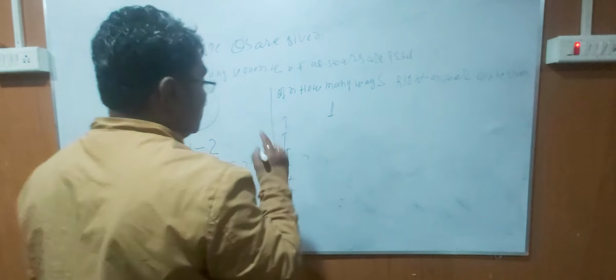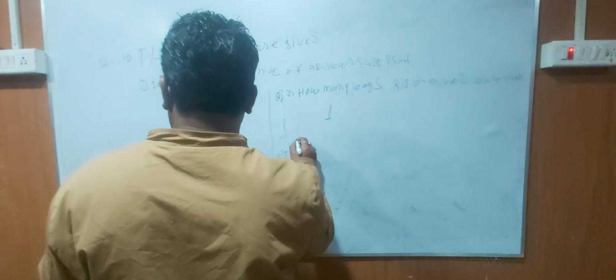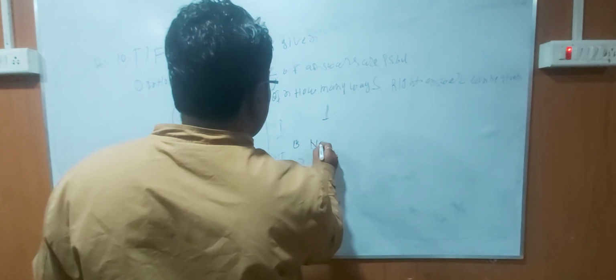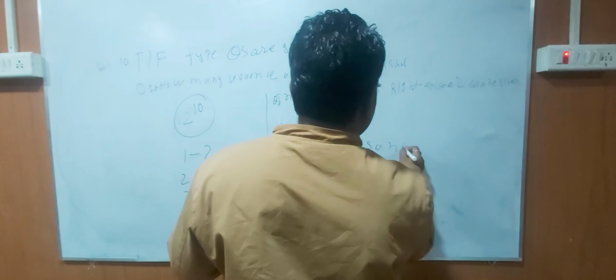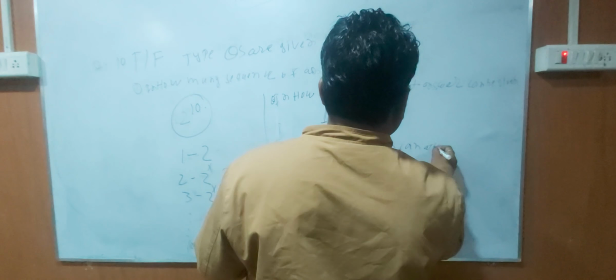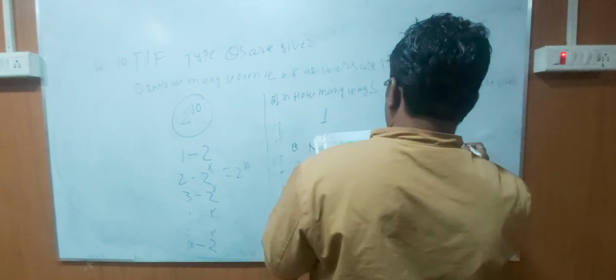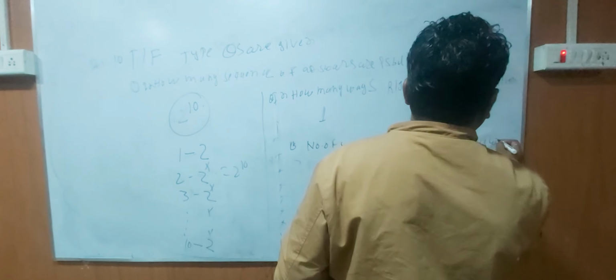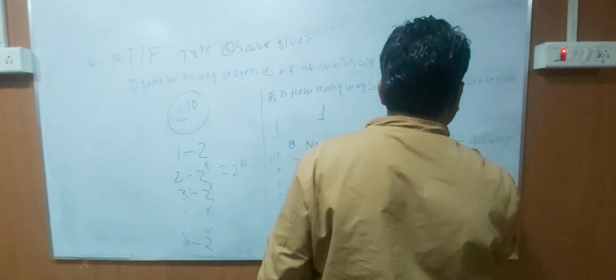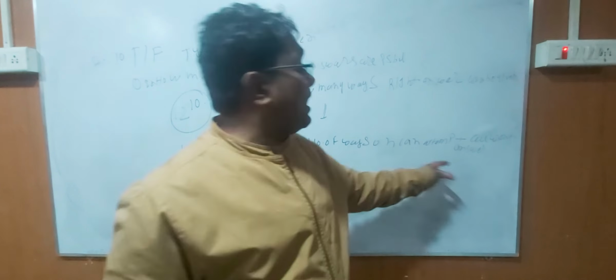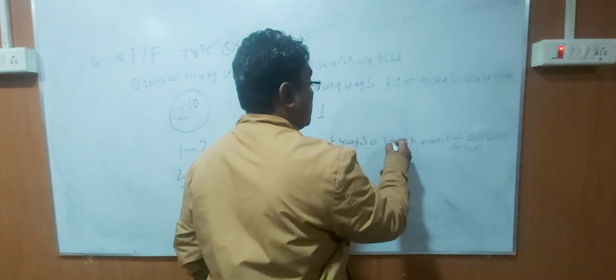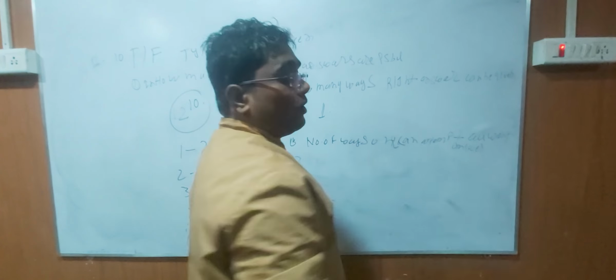Okay, one way. And the next question, number of ways one can attempt all wrong answers.